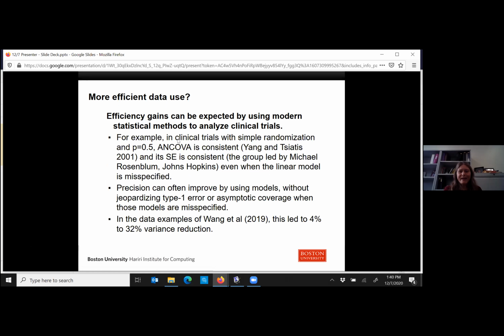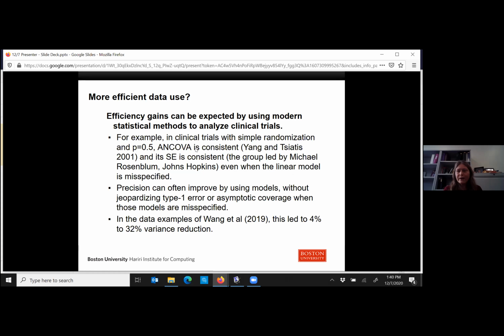For example, in clinical trials with simple randomization and the probability of treatment being 0.5, ANCOVA turns out to be consistent, and this comes from Yang and Tsiatis, and even its standard error, especially when you use the sandwich estimator, is consistent. And this result was proven by a group led by Michael Rosenblum, even when the linear model is misspecified.